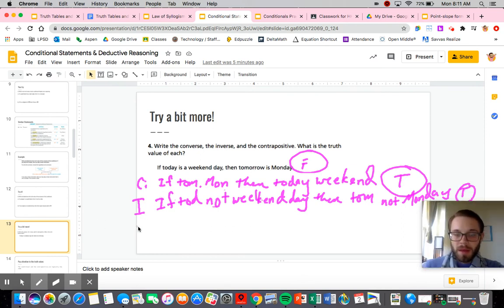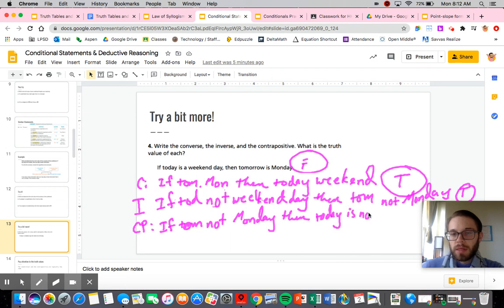Okay. And then last thing, the contrapositive. And again, we have to be careful. If tomorrow is not Monday, then today is not weekend. All right, so let's think about this one.